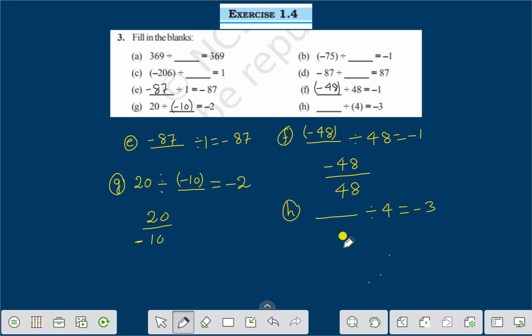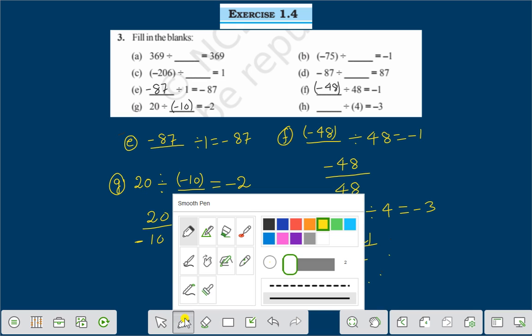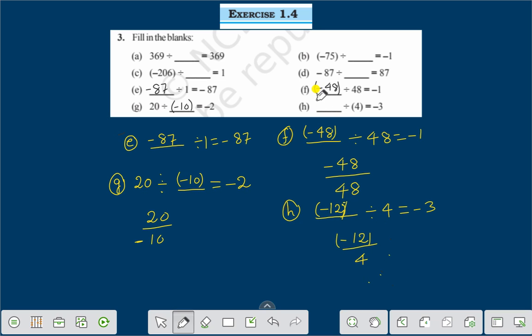If we write 12 divided by 4, that gives us 3, and here is minus, that means it will be minus 12, because minus divided by plus is minus. Minus 12 divided by 4 is equal to minus 3, right? The value of H will be minus 12.